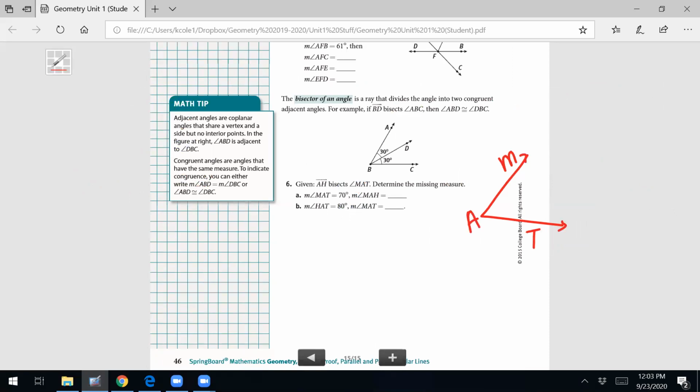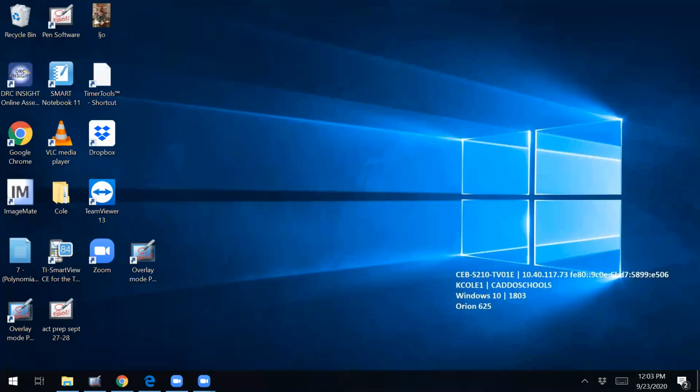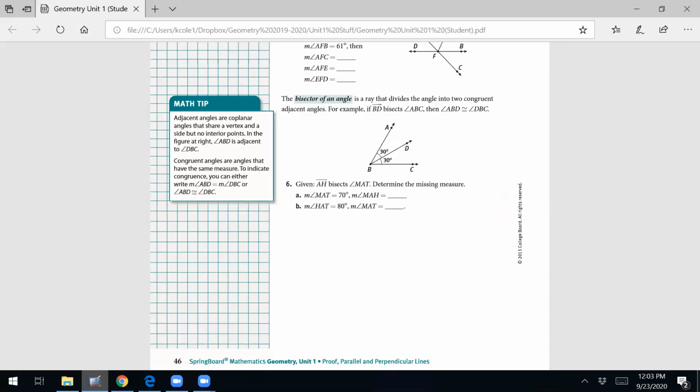And then we have a ray that is splitting it in half. So I did my best to make that half. It may not be exact, but close as I can. Okay? Now, it tells us that MAT is the whole thing. If the whole thing is 70, then what is MAH?